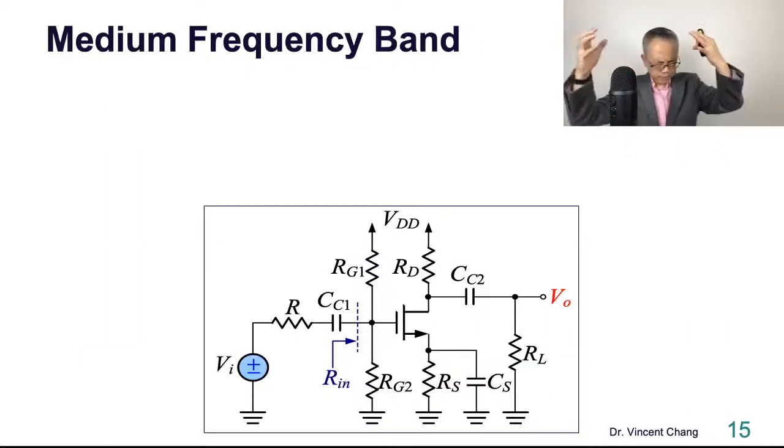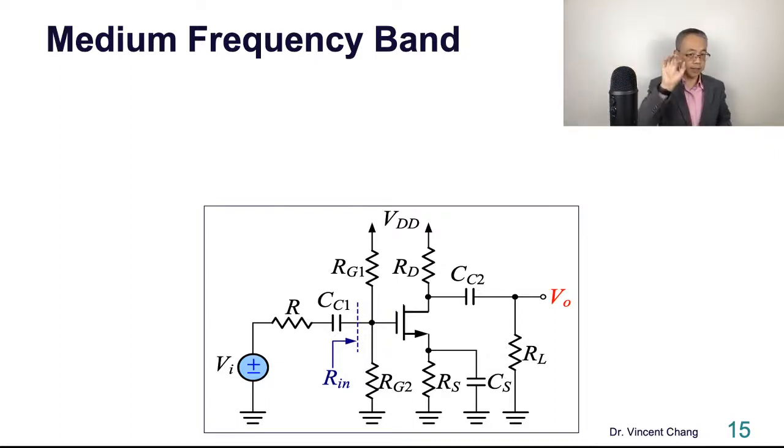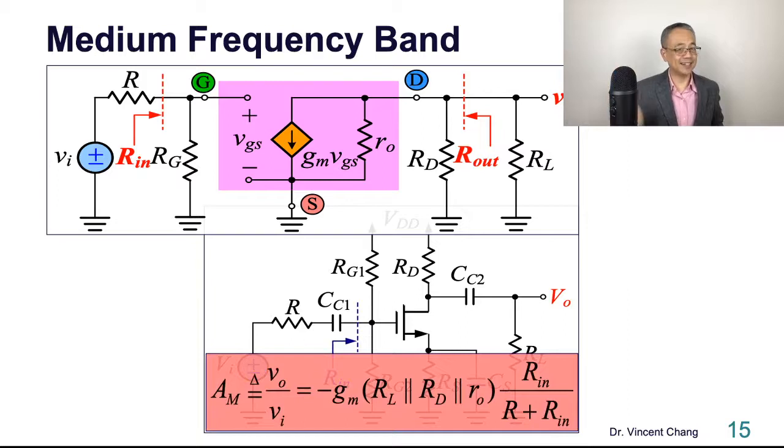So now you get a big picture of the frequency response of the amplifier. Again, the lesson you learned before is the mid-band analysis, where circuit analysis is conducted only within the median frequency band.